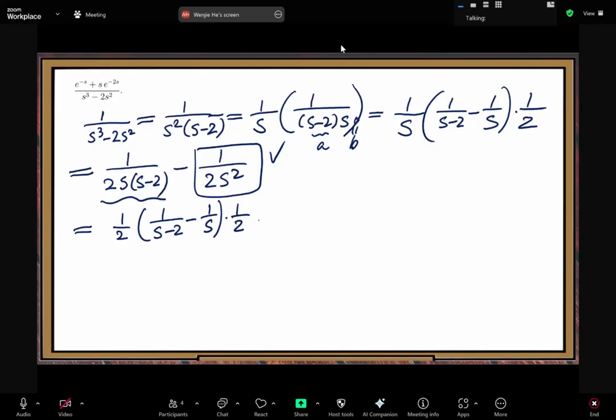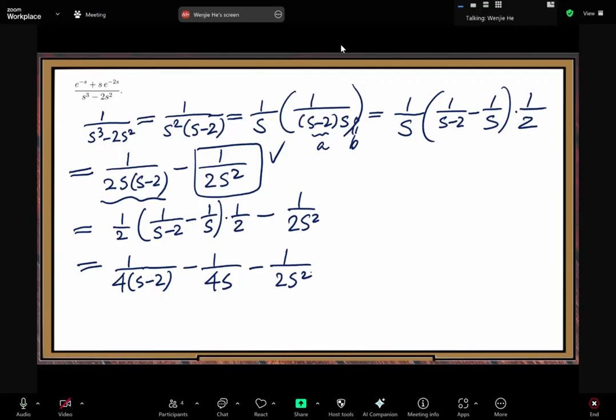Apply that basic formula. So then 4 times s minus 2, 4 times s, 2s squared. Then you multiply the numerator. After that, multiply numerator to simplification. So that part should be very easy.